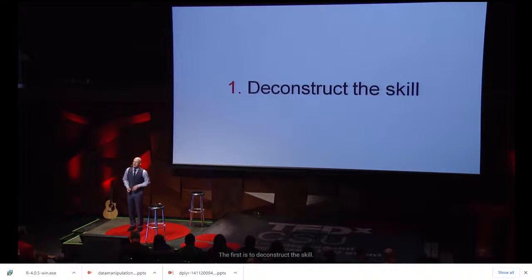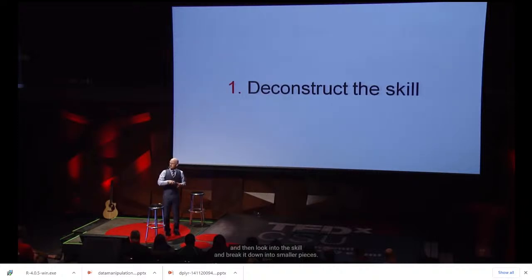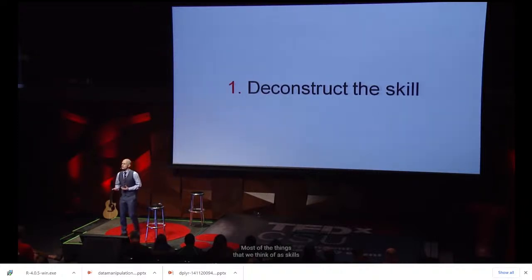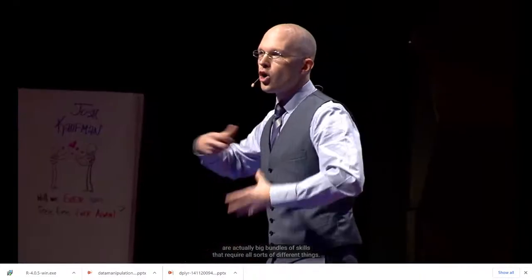The first is to deconstruct the skill. Decide exactly what you want to be able to do when you're done, and then look into the skill and break it down into smaller and smaller pieces. Most of the things that we think of as skills are actually big bundles of skills that require all sorts of different things.